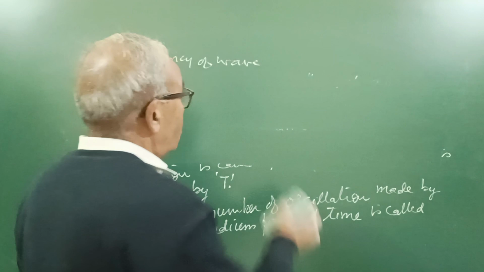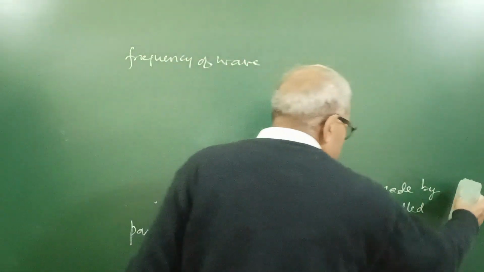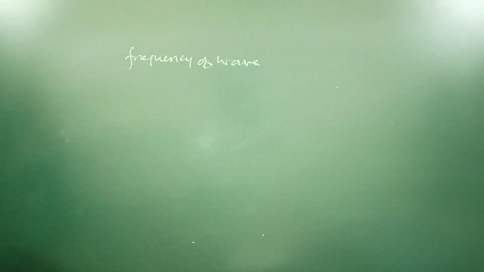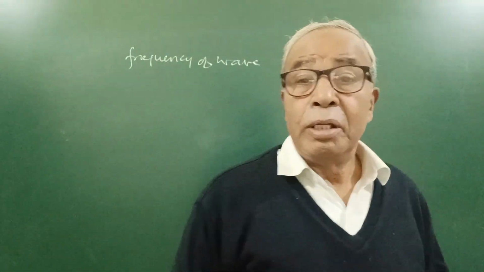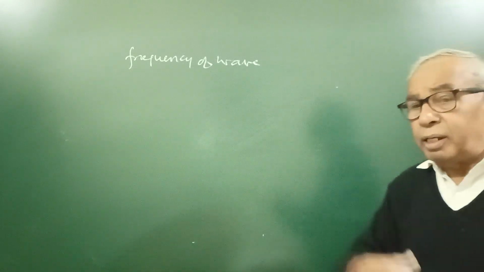Number of oscillations made per unit time. Simple thing, but when I ask the literal meaning of the word frequency, people can't tell. Frequency means the number of happenings taking place in a given time.